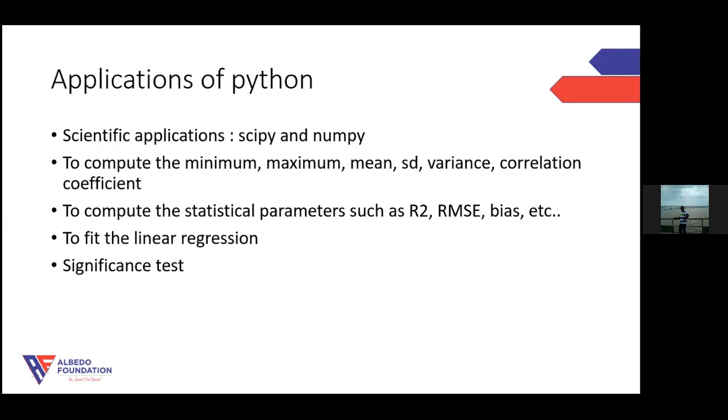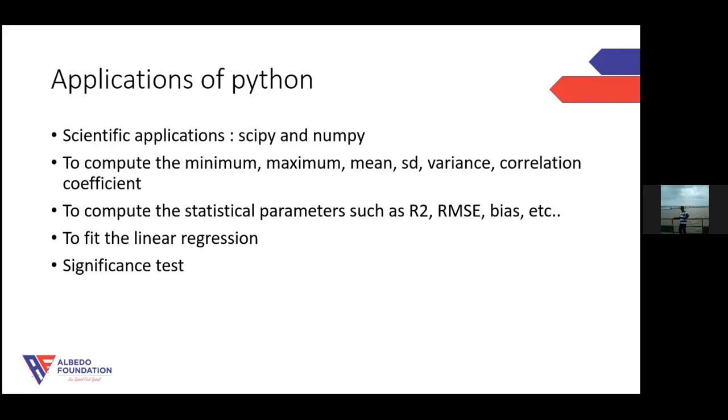And in whatever domain we are working, once we calibrate and set up the model, we usually check statistical parameters like R square, RMSE. RMSE is nothing but root mean square error, and bias, to check how accurate our predicted model is. We can calculate all these statistical parameters within a line using the Python programming language.